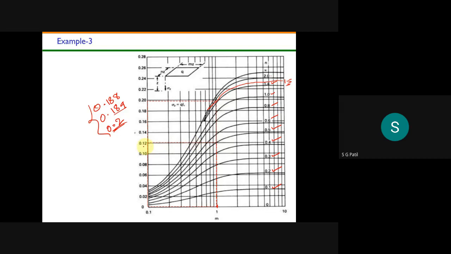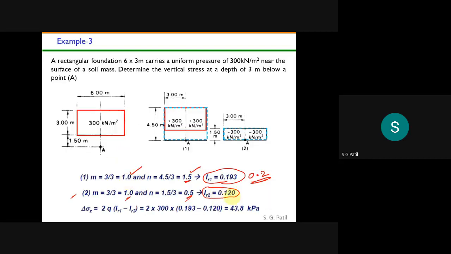This is 0.12 you can take. The influence factor here for the smaller rectangle is 0.12. I have taken 0.12. Since now I calculated only for this much area, if you multiply by 2, then it will become the mirror image of this one. That's why I am multiplying it by 2.